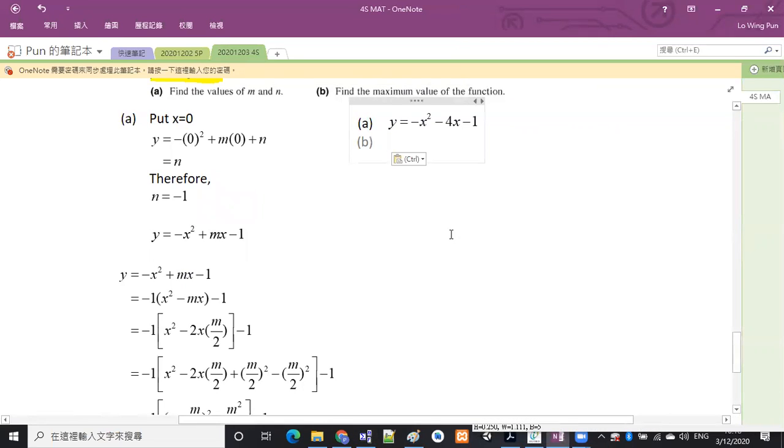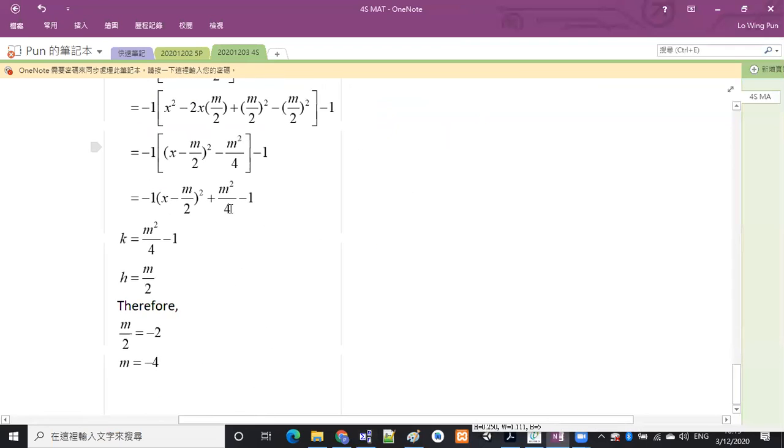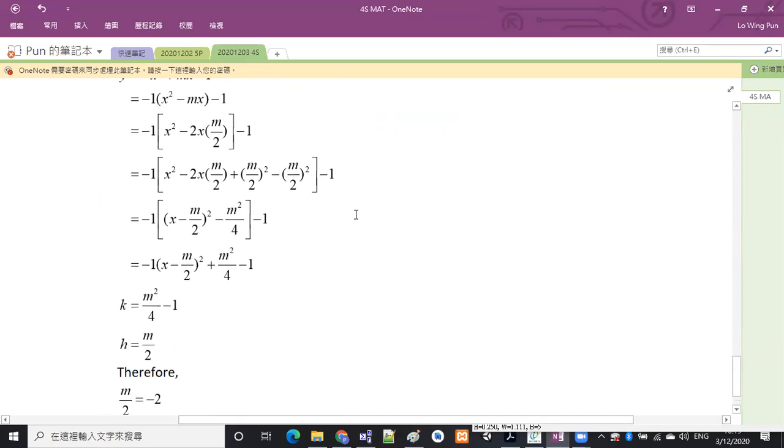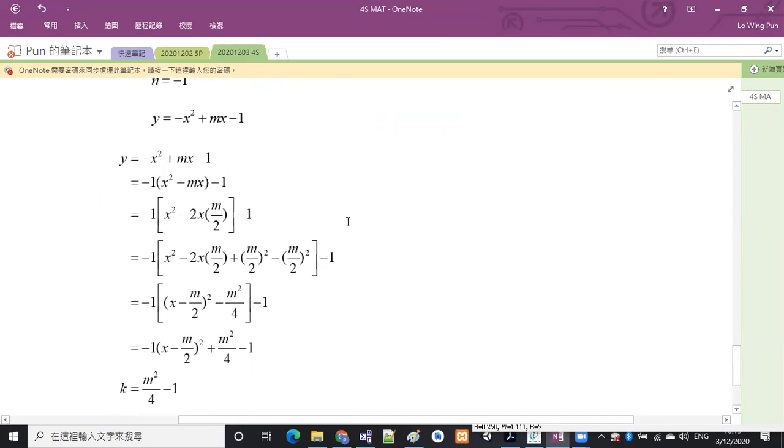Because m is equal to negative 4. Okay, but the question asks us to find the maximum value. So we need to change from the ABC form to the AHK form. But we have already changed this in part A. So actually we do not need to do it again.